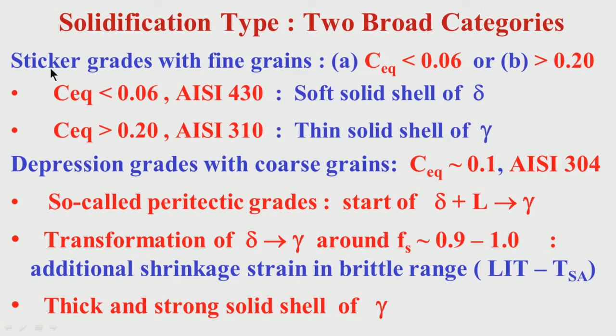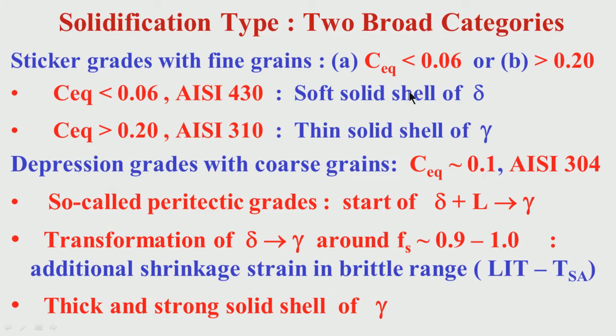Either there will be sticking characteristics, so some of the grades will indicate the sticking tendency and the other grades will indicate depression tendency. Depression means the surface will have a lot of undulations, surface is rough.